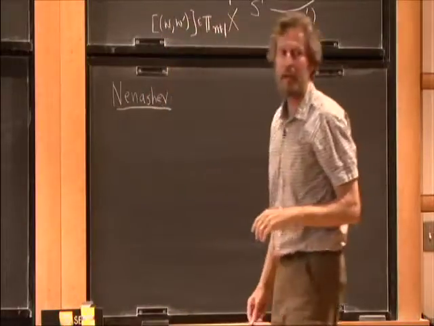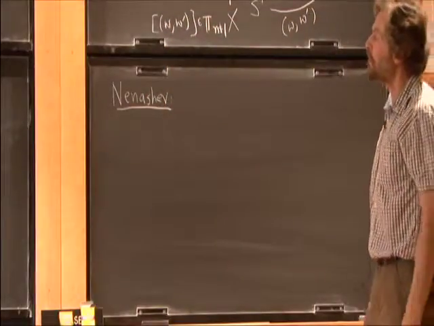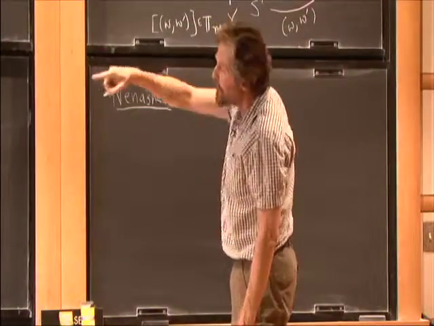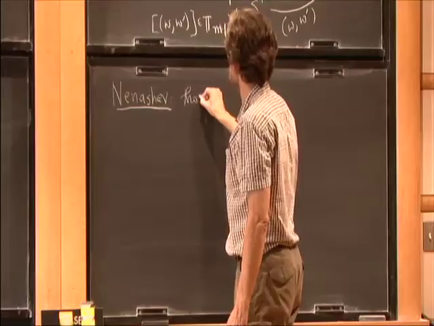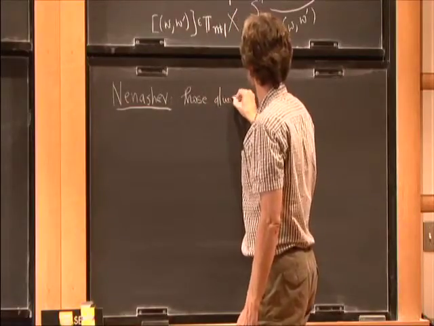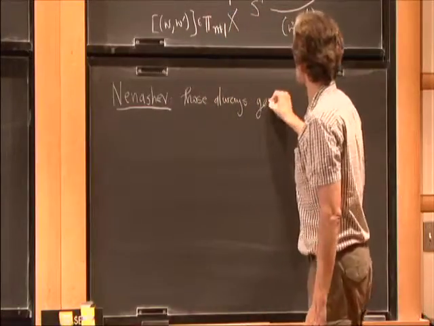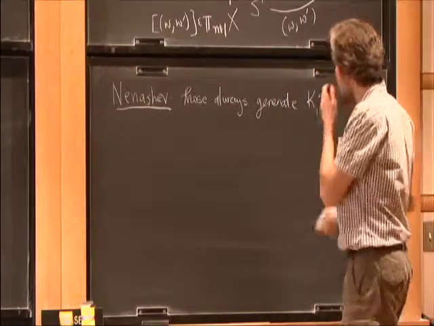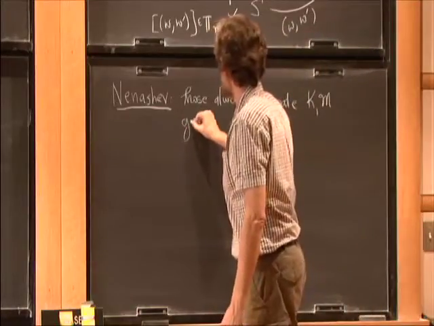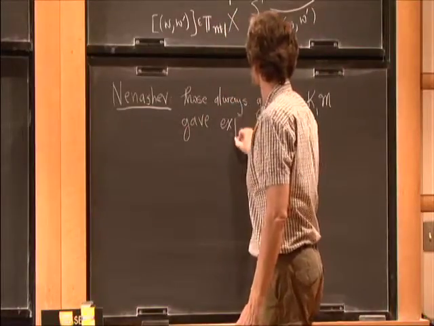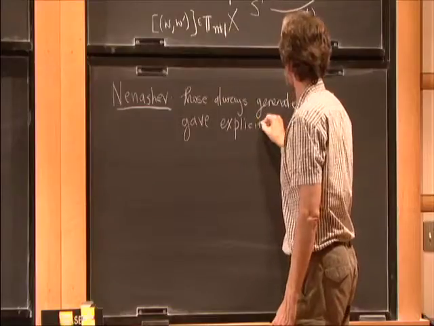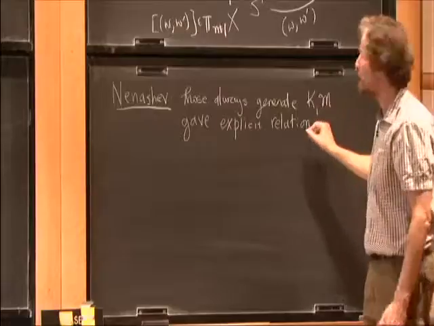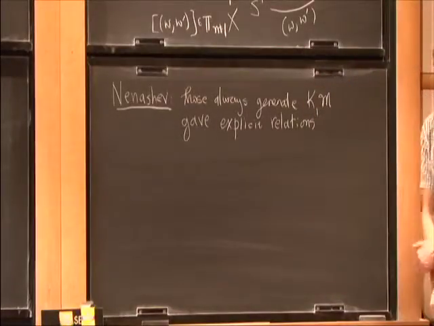He got very energetic and wrote an inspirational paper where he showed that those things generate K1, and he gave explicit relations, so that you get a presentation of K1 that works for any exact category.